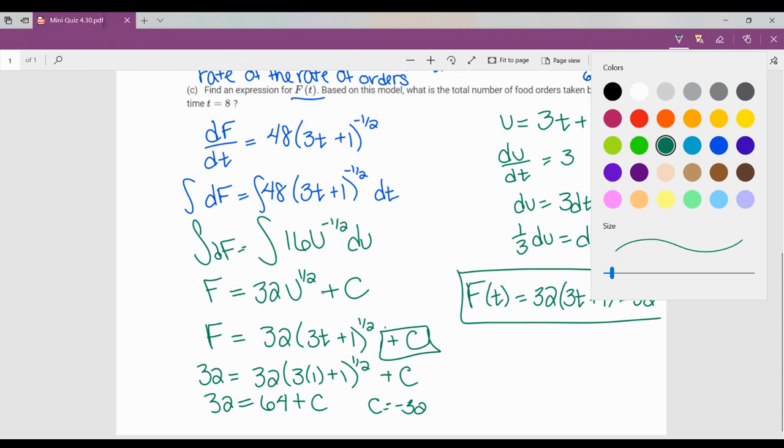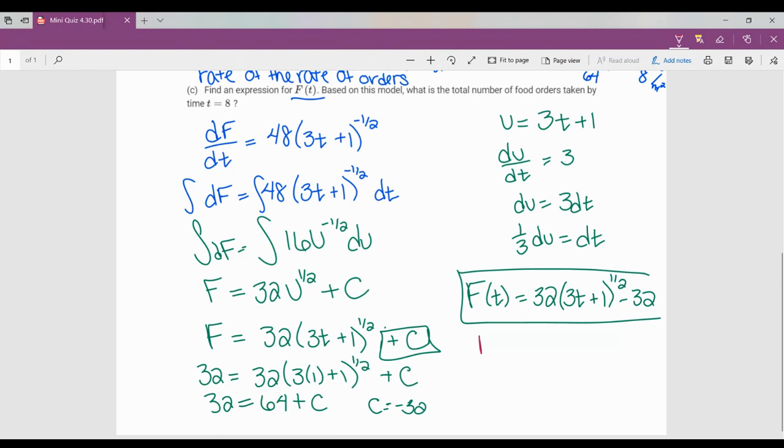Now, if I want to solve and find what my value of f of 8 is, I'm just going to plug in 8. 32 times 3 times 8 plus 1 to the 1/2 minus 32. Now, guys, remember, if this is the AP, you can just box that in as your final answer because it's a numeric answer. f of 8 equals, all right, so that's 24 plus 1, that's 25.